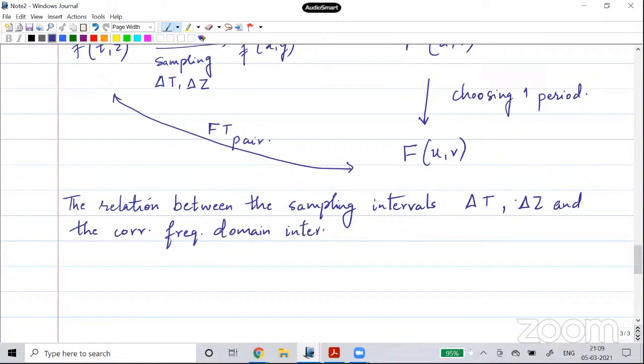So the frequency domain intervals, we will call them delta u, delta v, are as follows. If you remember this, this is similar to what we have done for the one-dimensional case.